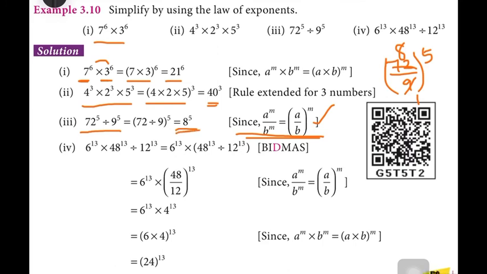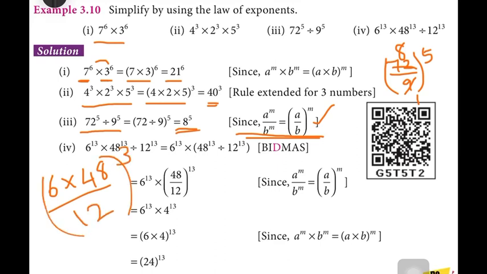Next, fourth one, 6 power 13 into 48 power 13 divided by 12 power 13. So here also the base is different but the power is same. So you can write it as 6 into 48 divided by 12 the whole power 13.